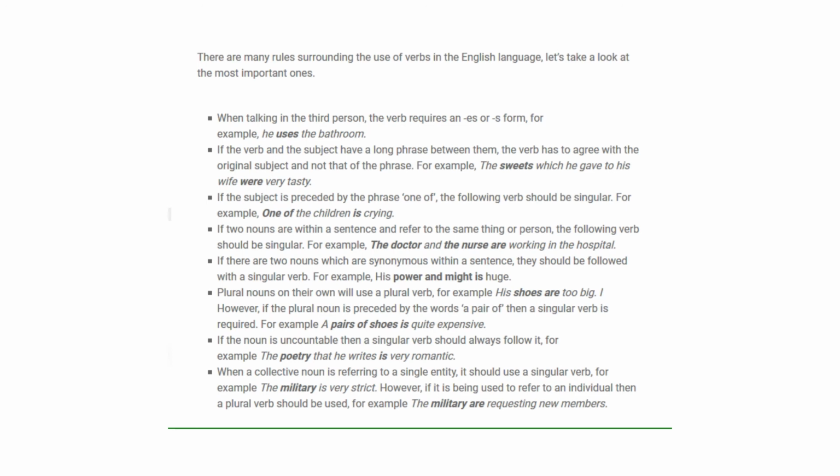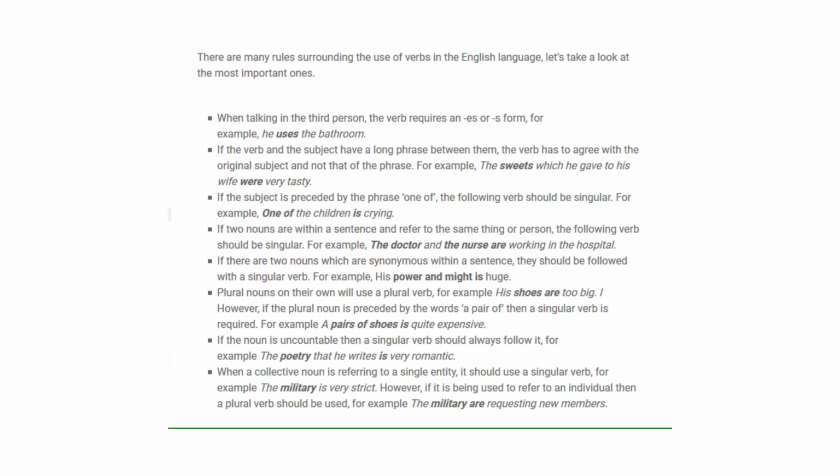For example, he uses the bathroom. If the verb and the subject have a long phrase between them, the verb has to agree with the original subject and not that of the phrase. For example, the sweets which he gave to his wife were very tasty.